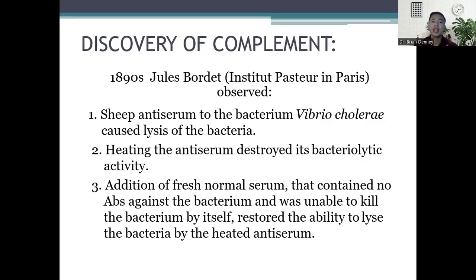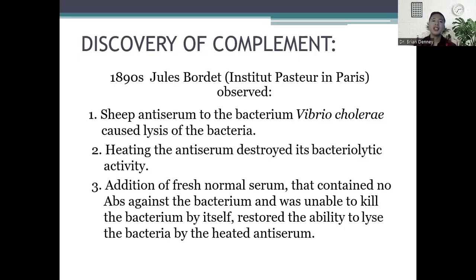The anti-serum was not able to lyse the Vibrio cholerae. In other words, heating the anti-serum destroyed its bacteriolytic activity. So you might be thinking of something else now. How come the anti-serum lost its bacteriolytic activity after heating?